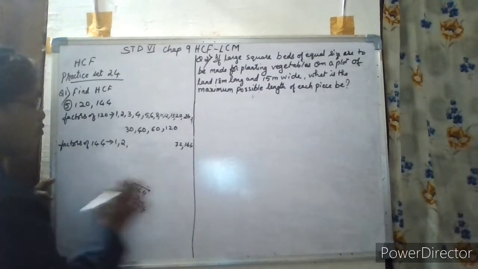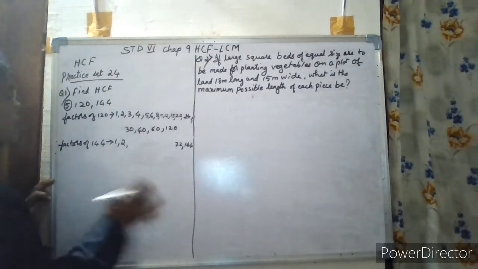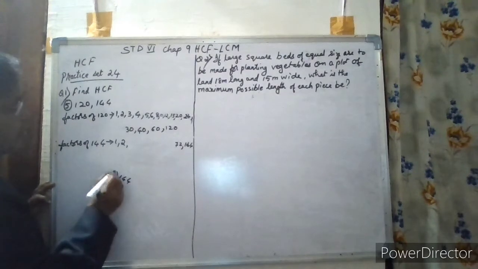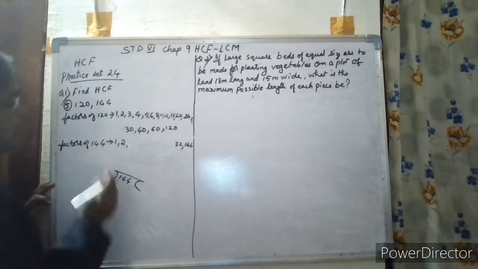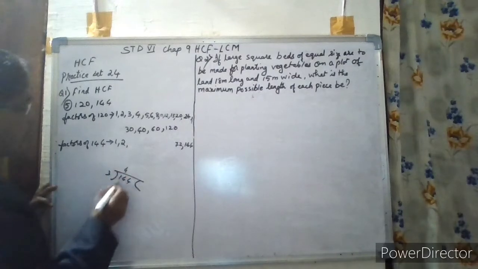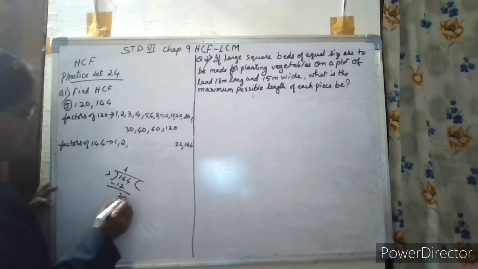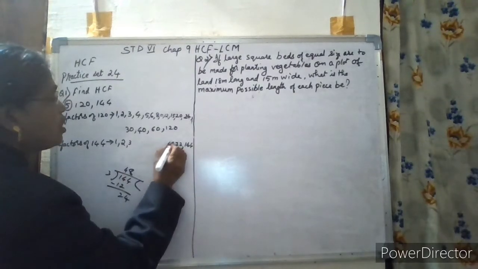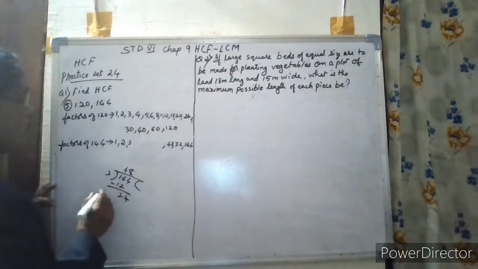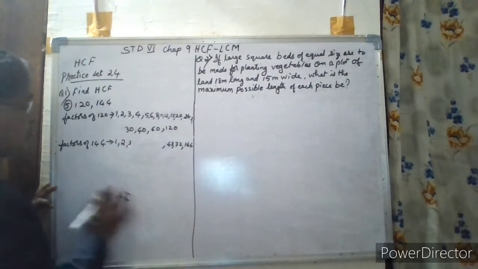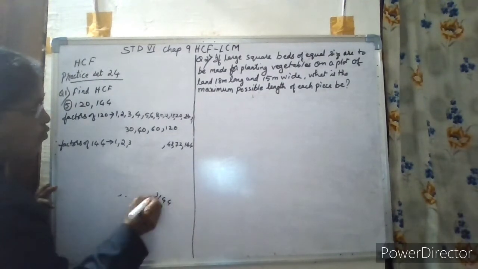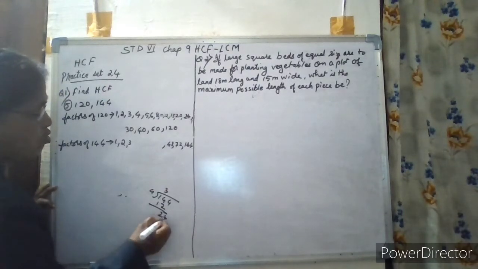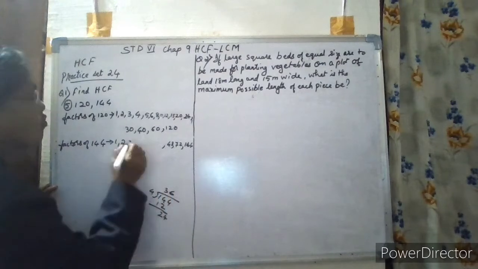Then 3, let us see whether it is divisible by 3 or not. 1 plus 4 plus 4 is 9. Yes, 144 is divisible by 3. You apply the test of divisibility of 3. 3 and 48. Next one, 4. Let us see, 144 divided by 4 is 36.